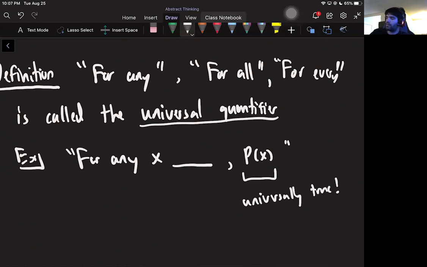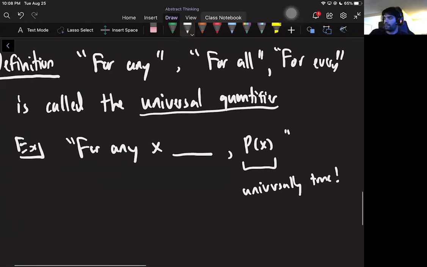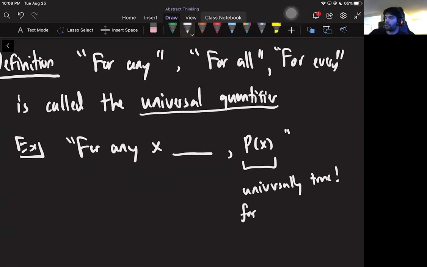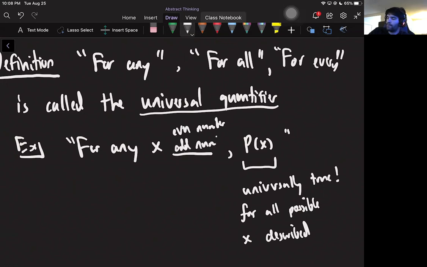It's one way to think about it, for any of the x's that you described, not just for one or two, but for all of them. So over here, you could describe what kind of x's. You could say, for any x even number, I'm writing it sort of backwards, or you could say odd number, you could say prime number, whatever you want, all sorts of things.